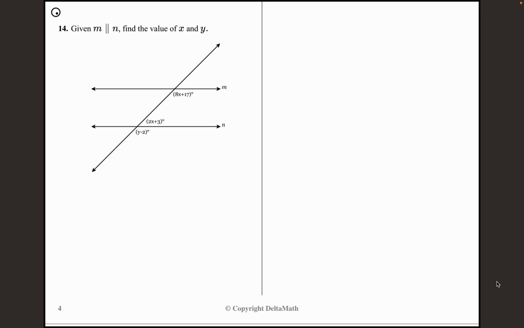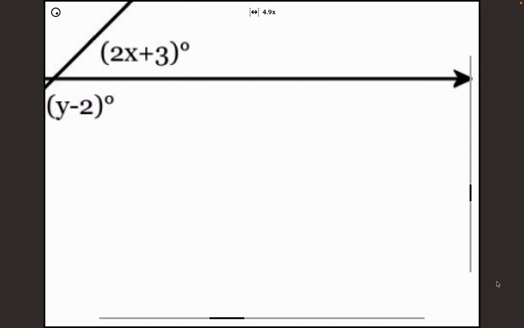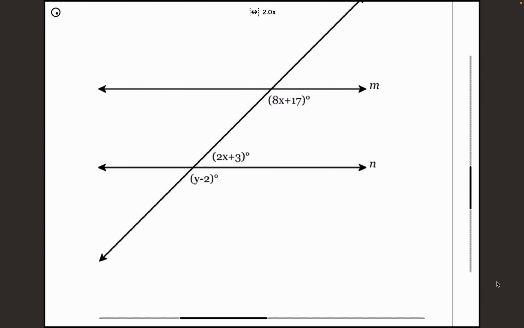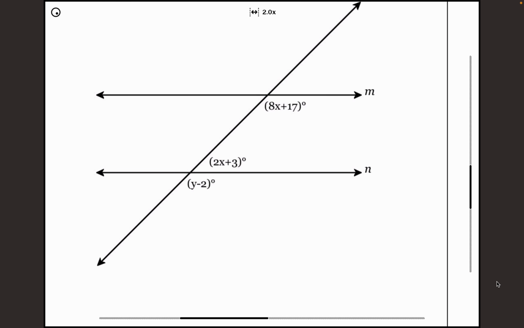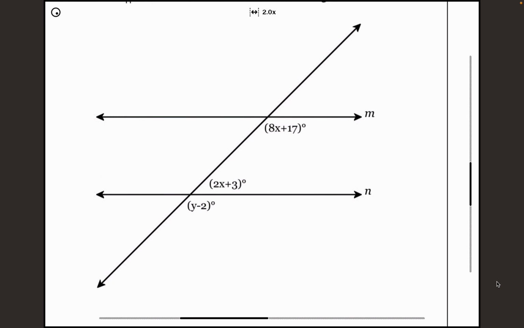This thing never zooms in. Or if I zoom in, it's way too close. There we go. Okay. Did you get those written down? Okay, do we have questions about those two?